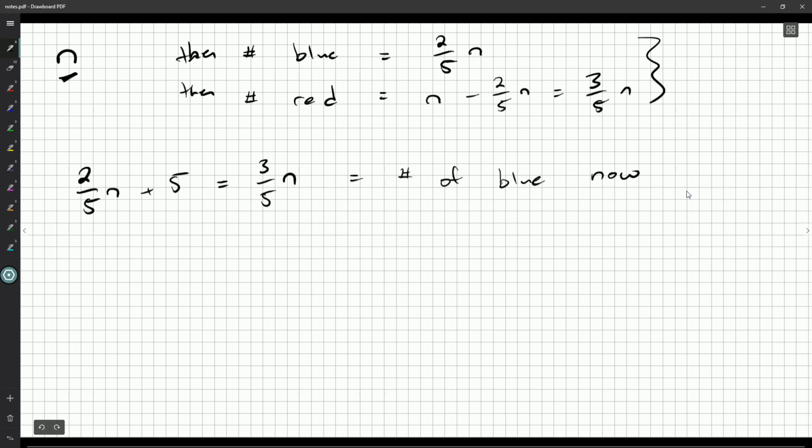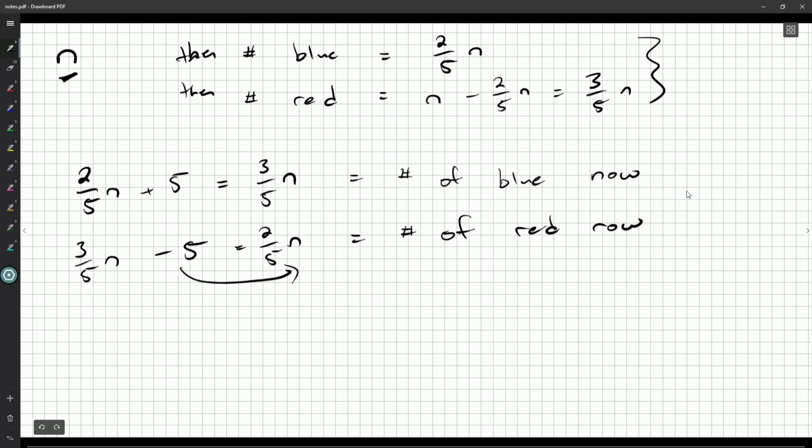And we can just solve this equation, or we could say, the number of reds minus those 5 reds, and now there should be 2/5 of the total left. But you can really see these are the same equation. I just bring the minus 5 over to the other side. So we don't learn any new information really by looking at the reds.